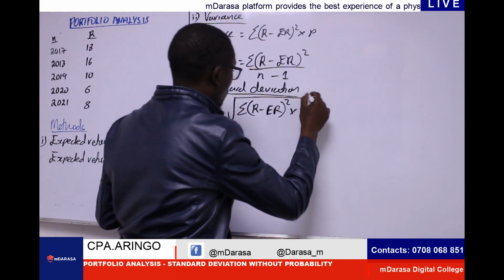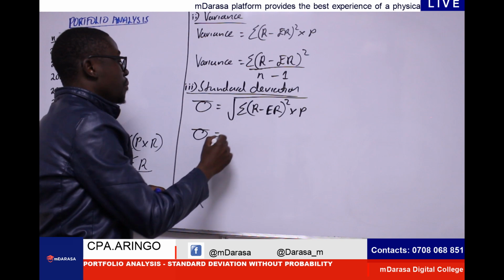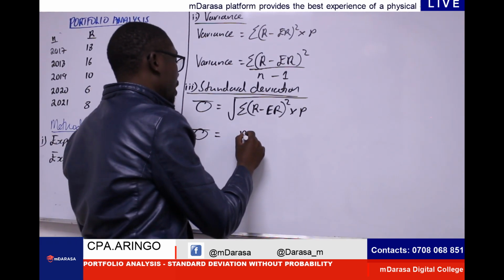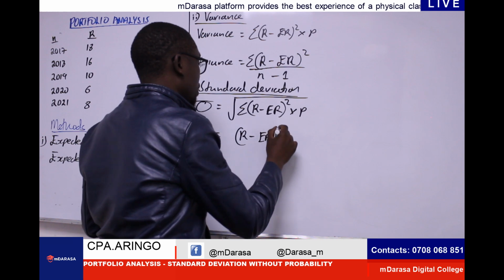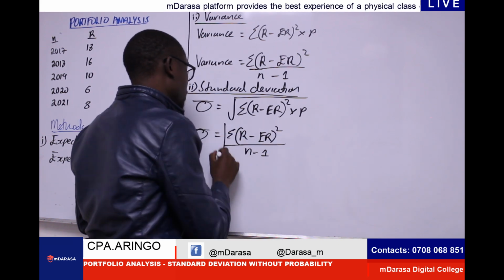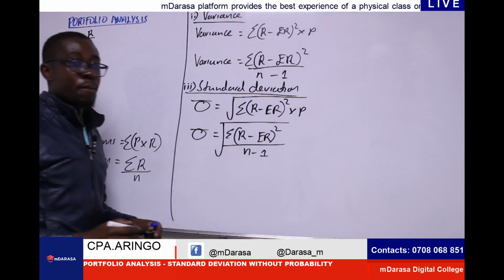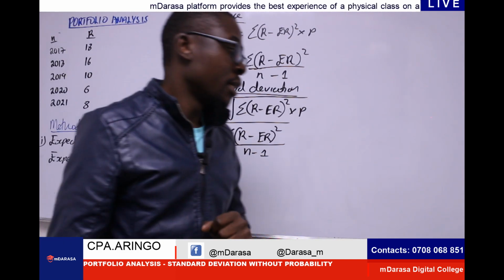Then we square root. In the event that I don't have a probability, we talk of r minus expected return, we square this, summation, divide by n minus 1, square root. This is what we did.